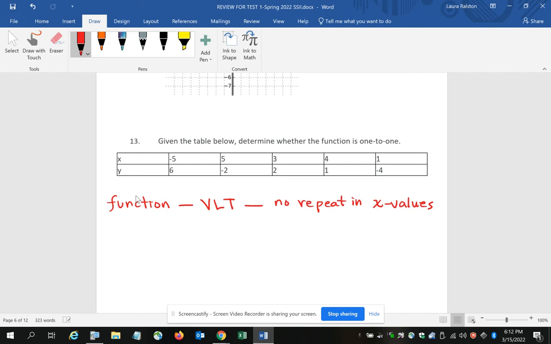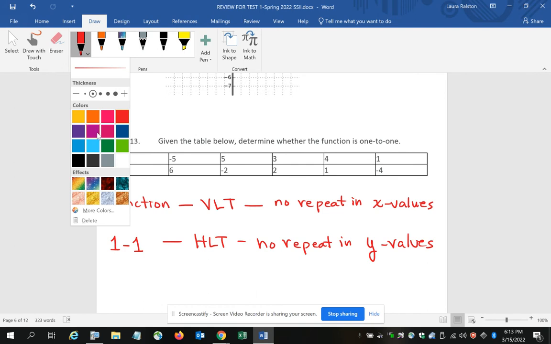I got it backwards. To be specifically a 1 to 1, we use the horizontal line test, and you can have no repeat in the y values. So if I look at this table and I look specifically at the y values, there's no repeat. So I would say, yes, this function is 1 to 1.